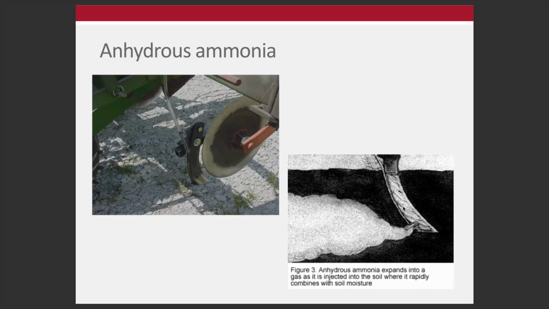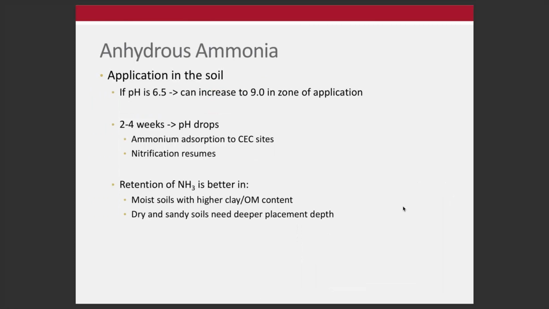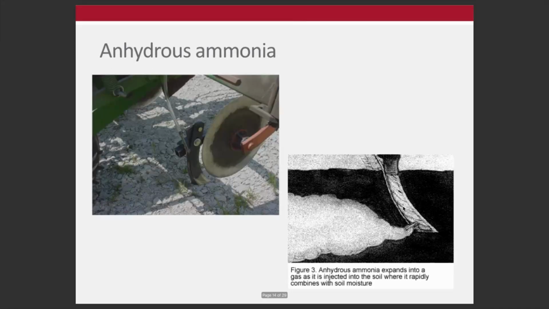This is really the crux of managing this fertilizer source. If the applicator, that knife, isn't deep enough, or the moisture isn't right, when it turns to a gas, it can get lost quite readily. And so we just need to have some proficiency in terms of this application.